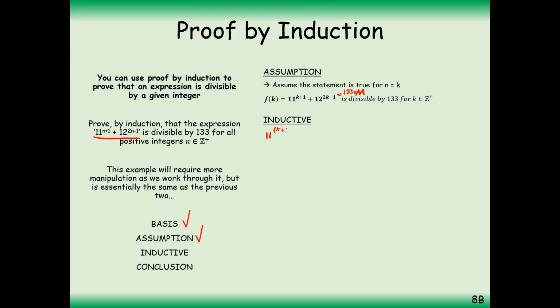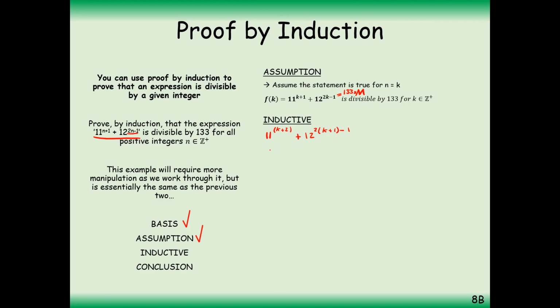So I'm just going to write plus 2 here actually. And we are going to have plus 12 times 2 to the power of k plus 1 minus 1, because that's what's there. I'm replacing n with k plus 1.